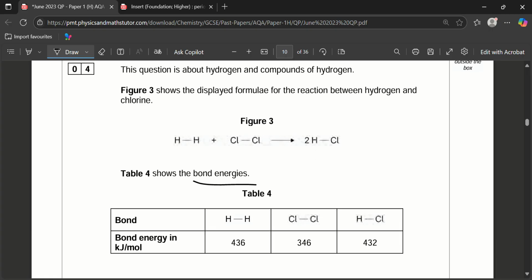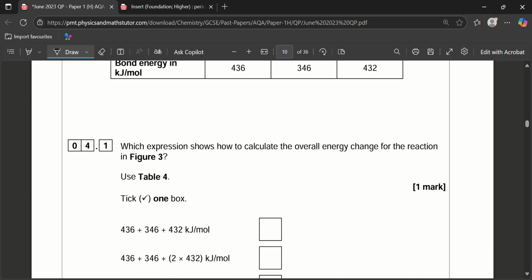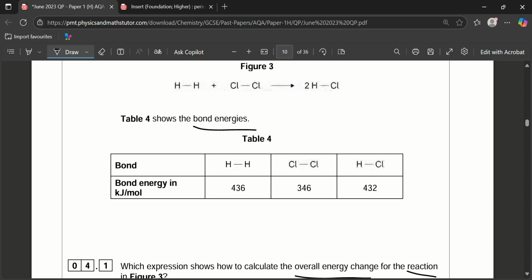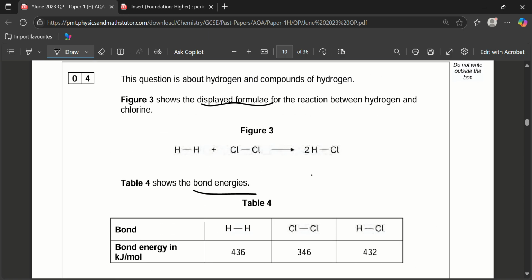Question 4. It seems to be on bond enthalpy, bond energies. And we have some displayed formula here in figure 3. Which expression shows how to calculate the overall energy change for the reaction in figure 3? Well, since we're considering bond energies, it's going to be the sum of the reactants minus the sum of the products.